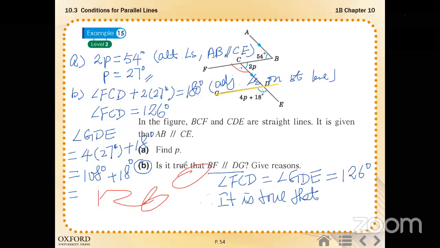It is not a question. Now you can answer, therefore it is true. You can just follow the sentence structure. But you are answering, it's a statement. It is not a question. It is true that BF parallels DG, and then corresponding angles equal, right?